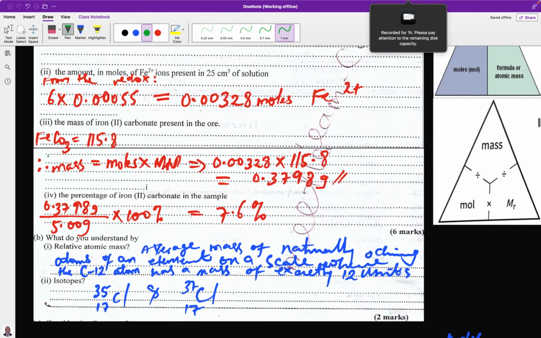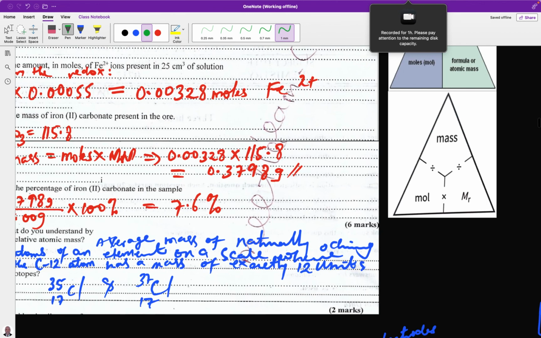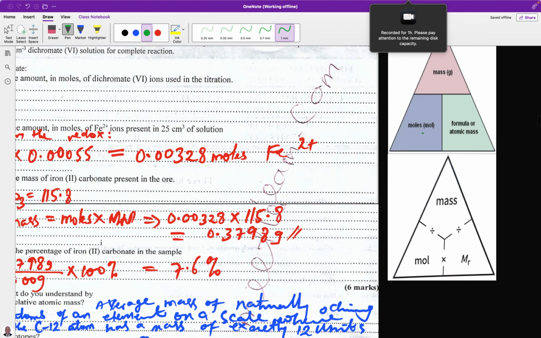Then after that, we calculated the mass of iron by using this relation: mass is equal to moles times the formula mass. The formula mass is the molar mass.